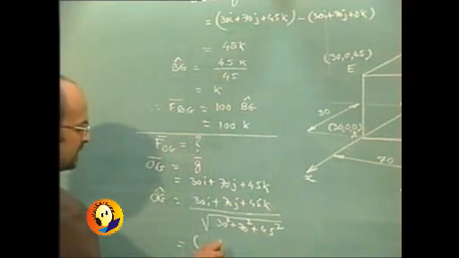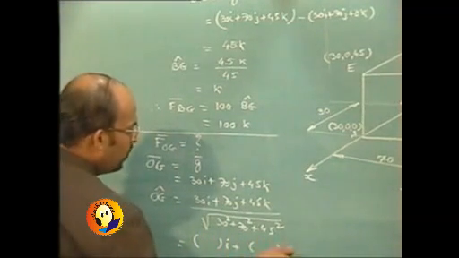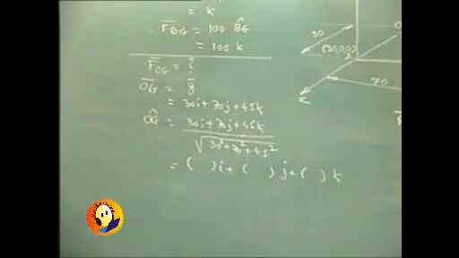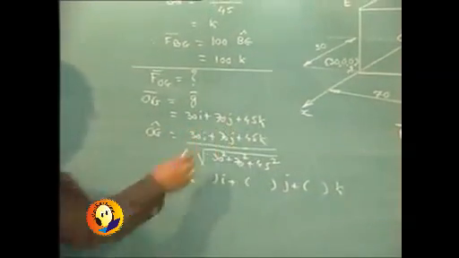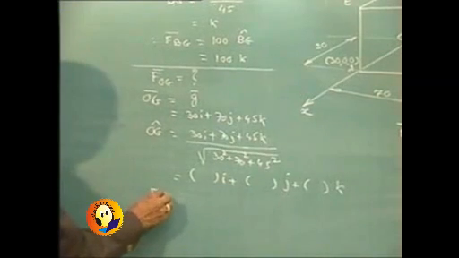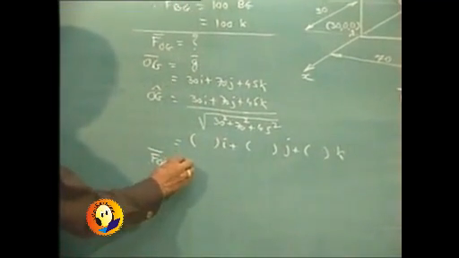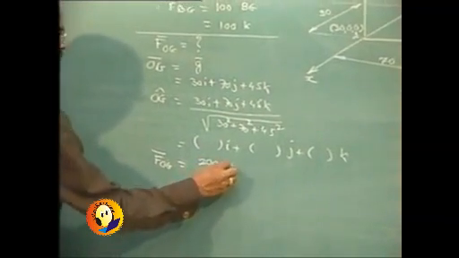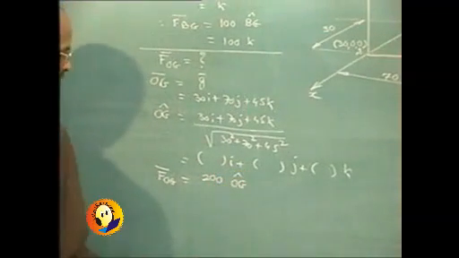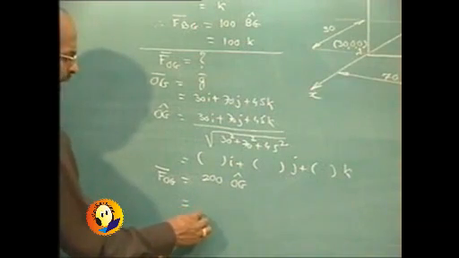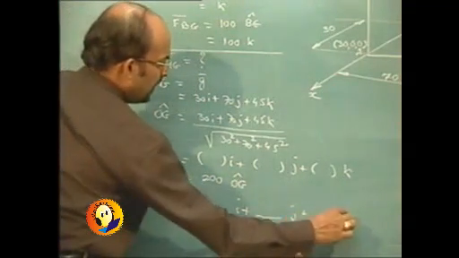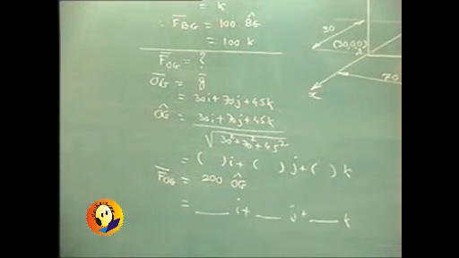And so you will get some value into i plus some value into j plus some value into k. You will have to divide it individually. And so F_OG bar will be magnitude of OG, which is 200, into OG cap. And so you will again get some answer as i, j, k. So F_OG bar can be found out.